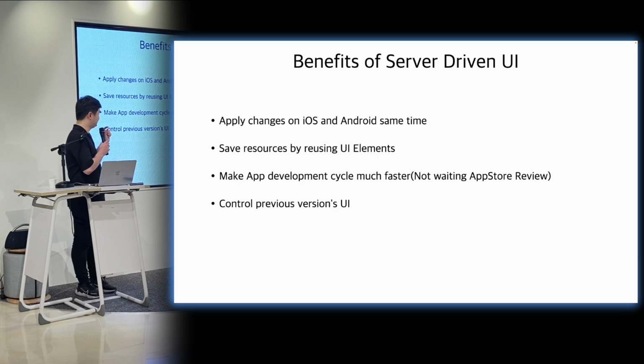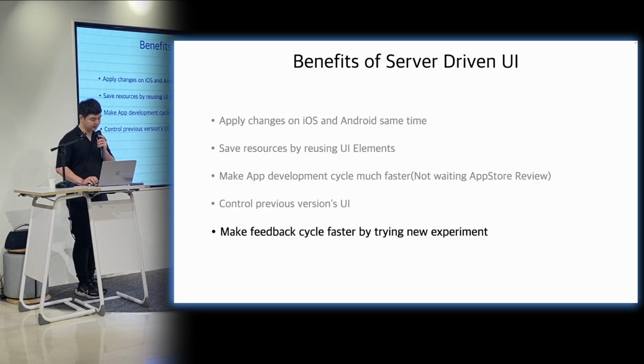But there is a little other cost too. And it makes the app development cycle much faster, because you don't have to wait for App Store review; you only have to change the response from the server. And finally, you can control previous versions' UI by just changing that response.